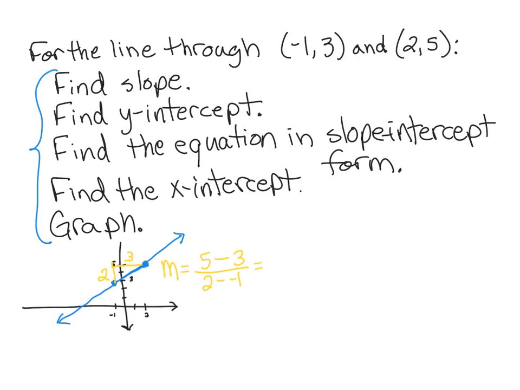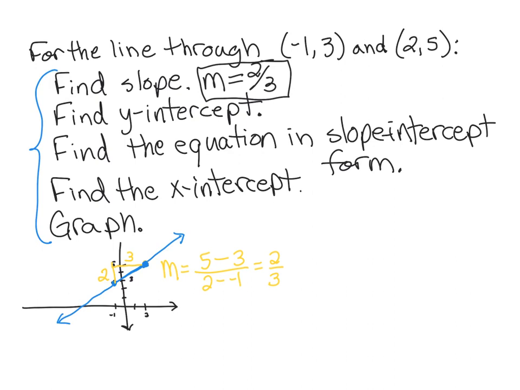Look at my slope, 2 on top, 3 on the bottom. And that was my rise over my run. So I could have just written down the answer once I plotted the points and counted. M equals 2/3, positive slope. All right.